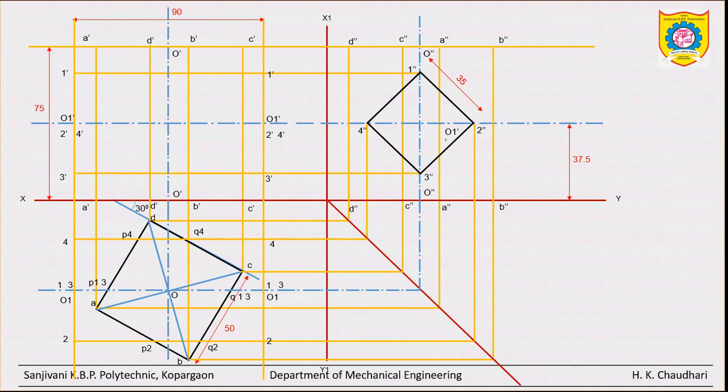All the intersecting points, or the intersections of horizontal edges with the vertical rectangular faces, we have shown here. Okay, so now the remaining portion, how to get it? See carefully, just observe the intersection from this side, and similarly the front view from this side. Now the edges outside the prism, we can make them thick.